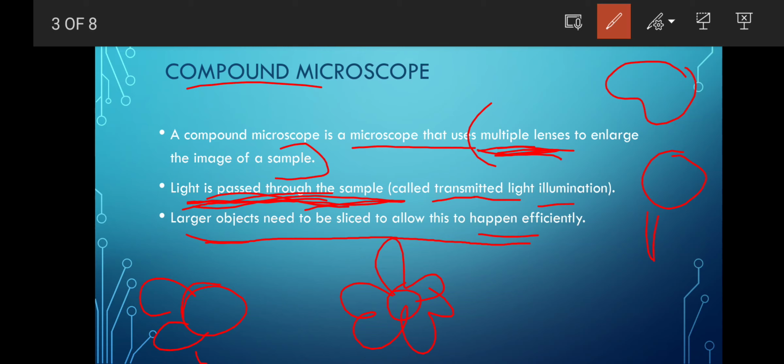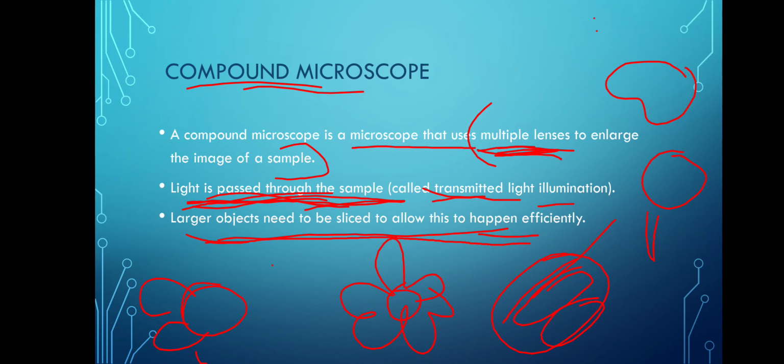We first sliced them into small pieces, small transverse sections, then observed them under the microscope. We made these sections because the light has to pass through the sample, and only then can we see the microscopic view of that sample. So this is about the compound microscope.